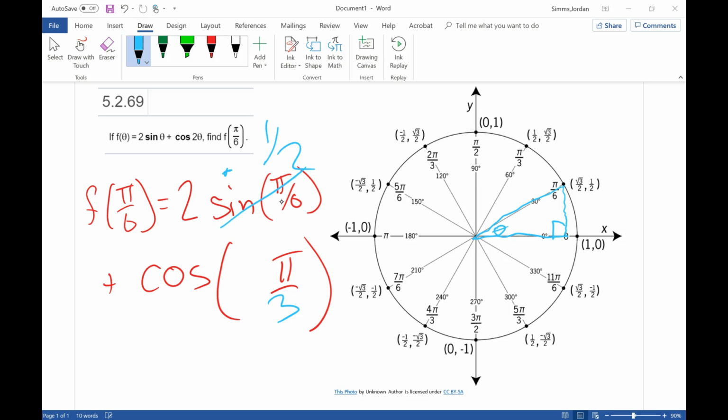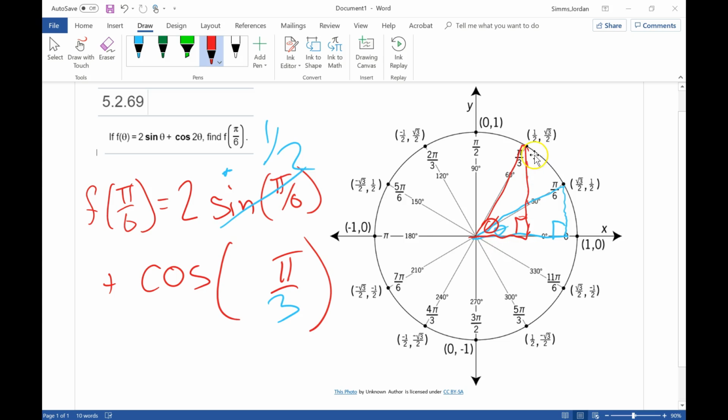So 2 times 1/2. Now, the cosine of pi over 3 will do the same deal. Pi over 3 is right here. And again, if I kind of drop that down and make a right triangle, it's getting a little messy here, but hopefully you can follow me. Right, there's theta, pi over 3. And again, the cosine is going to be the adjacent side over the hypotenuse. Adjacent is just the x component here, right?